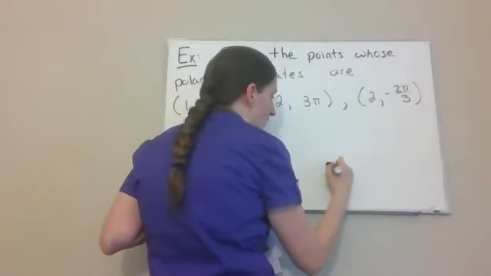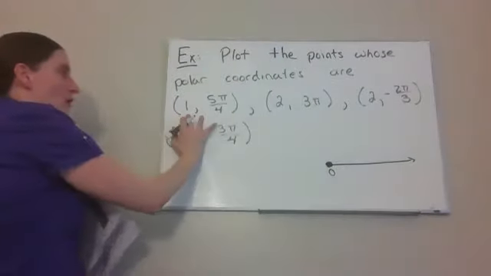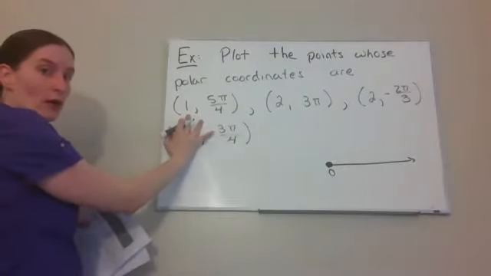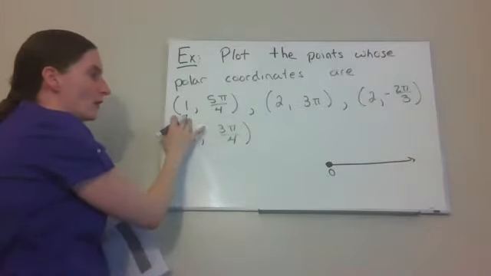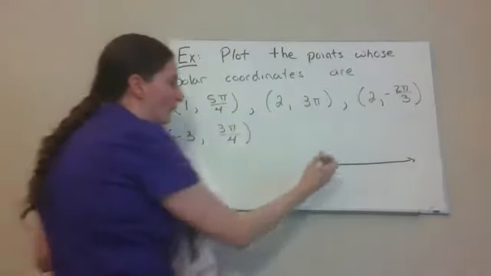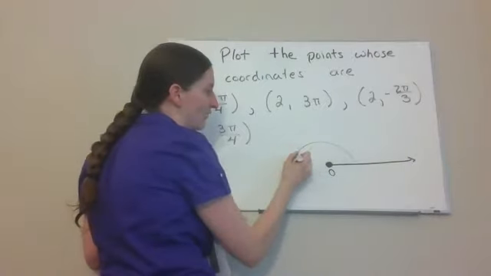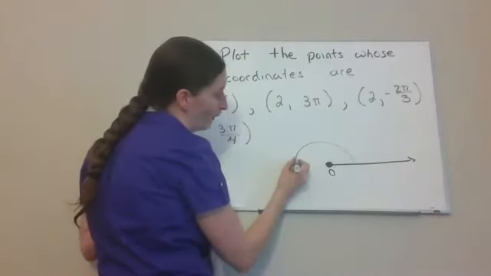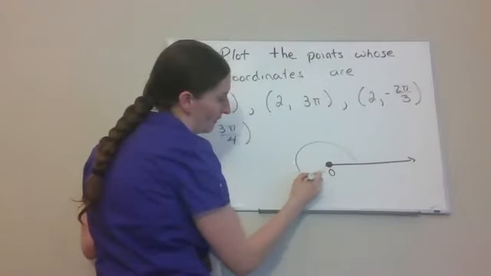So here's my origin, my pole. And so this point (1, 5 pi over 4) represents a point that is distance 1 from this pole, and I have an angle of 5 pi over 4. So an angle of pi would get me over here to the other side, 5 pi over 4, I have to go over to this spot here.